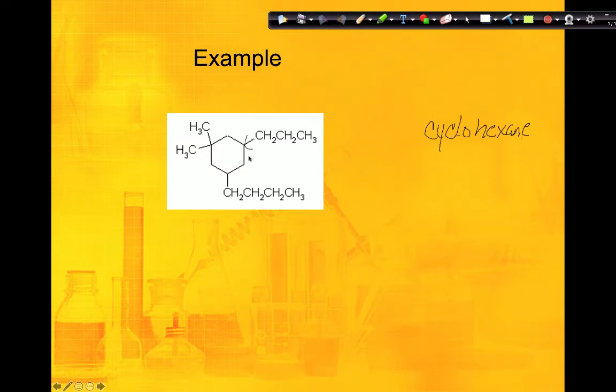So we've got a branch here, here, and then we've got 2 methyl groups here. So when we number it, we want the lowest possible sum of all the numbers. So we can start from here. That would give me 1, 1, because remember you have to have a number for every group. Then that would be 2, 3, 4, 5.